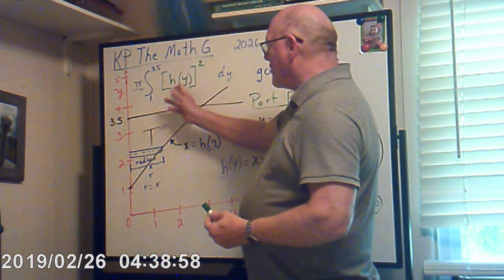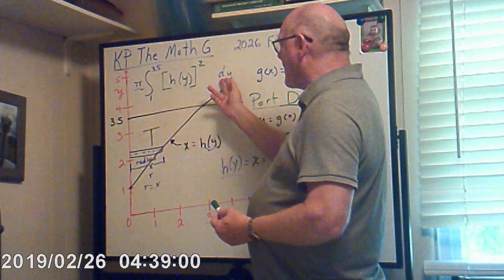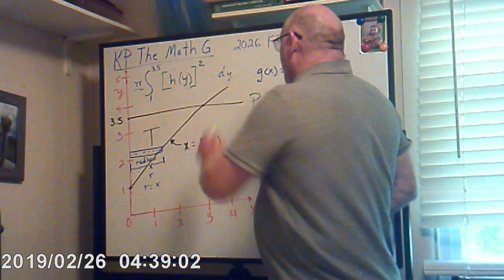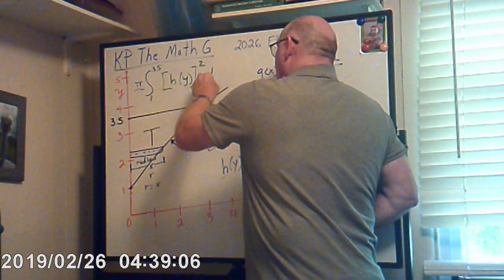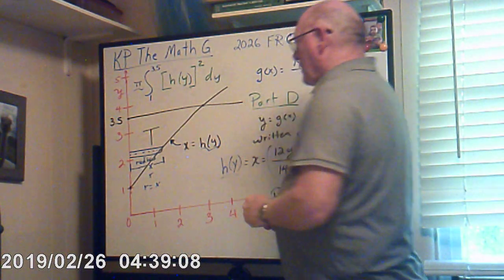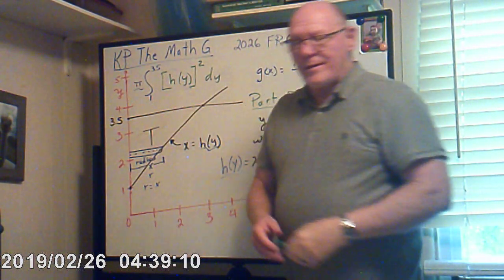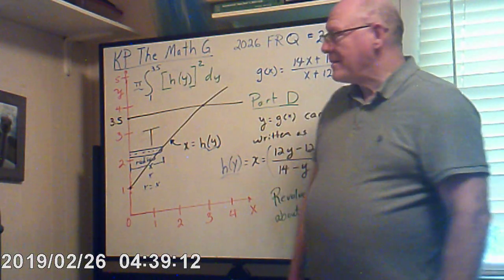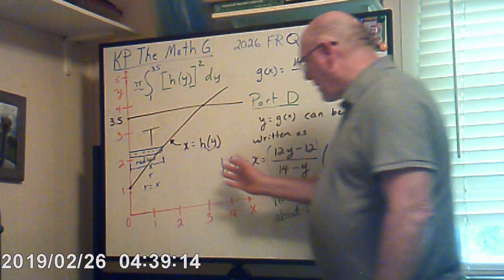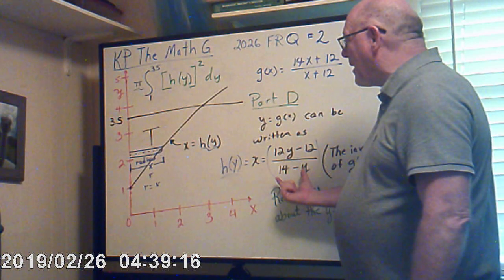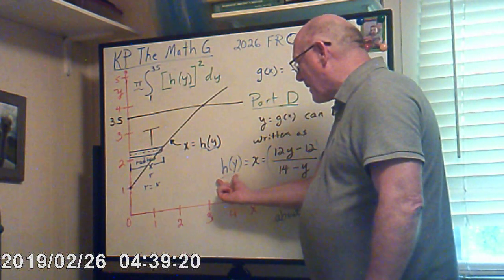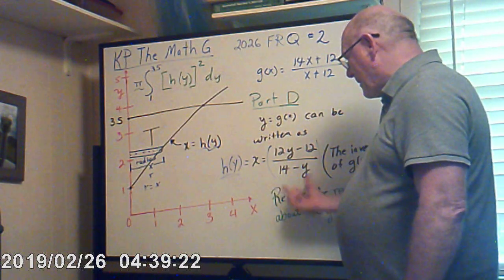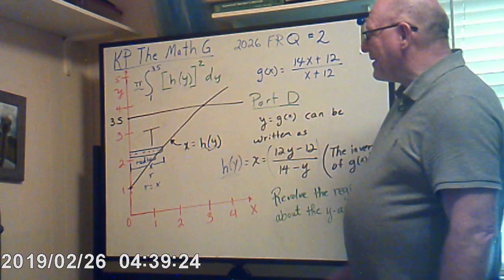Pi r squared, and then the thickness right here, dy. Alright, so I've got dy, so we'll make it in green. There it is. That's it. Either way, if you put this whole thing in there, you can't just put x. You've got to say what x is. It's h at y. H at y is this. Either way would have been just fine.